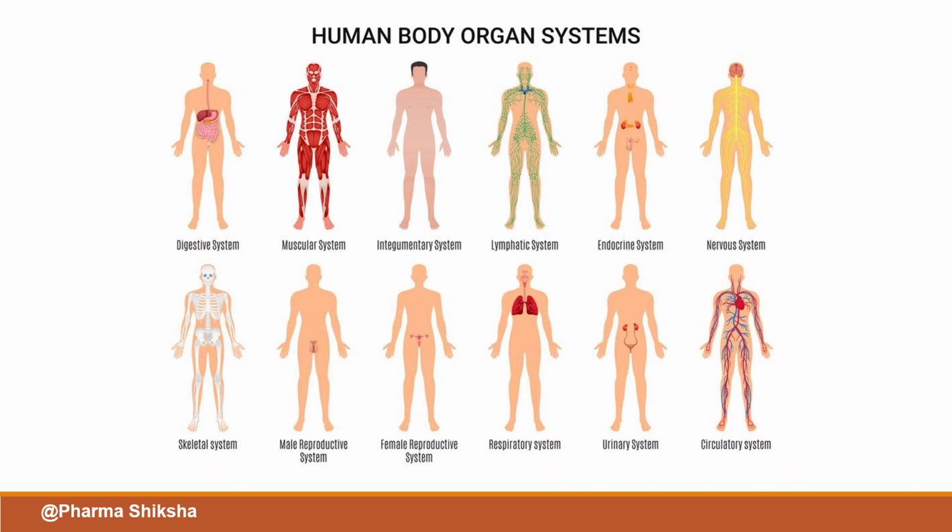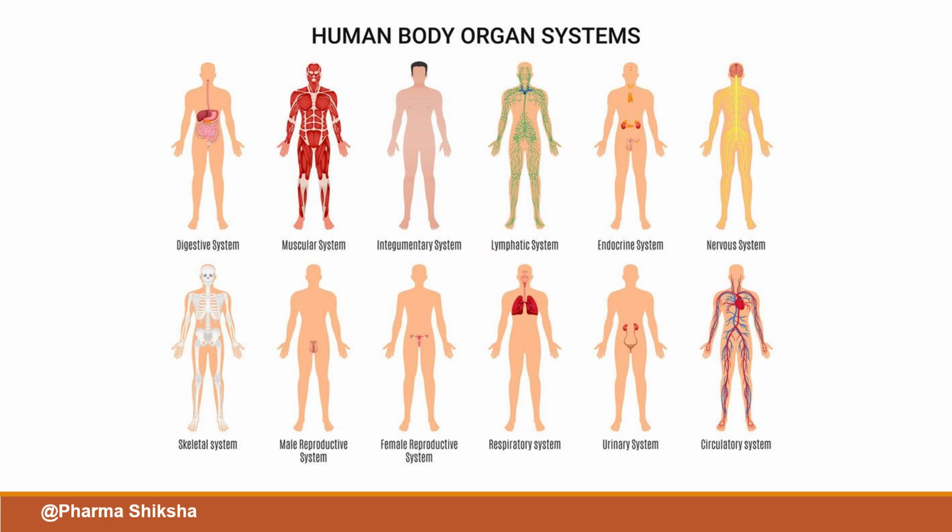This diagram shows all the types of body systems. Here we can see the digestive system, muscular system, integumentary system, our skin, lymphatic system, endocrine system, nervous system, skeletal system, male reproductive system, female reproductive system, respiratory system, urinary system, and the circulatory system.